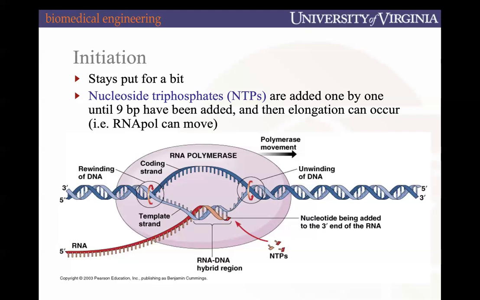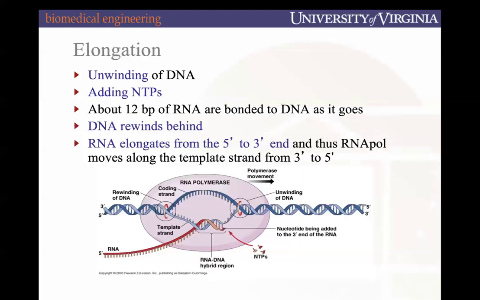And for initiation, the RNA polymerase stays put as the first pieces of the mRNA transcript are synthesized. Once enough has been synthesized, then RNA polymerase will start moving along the DNA. And again, it's worth noting, there are no helicases, there are no gyrases, and there's no supercoiling occurring during transcription.